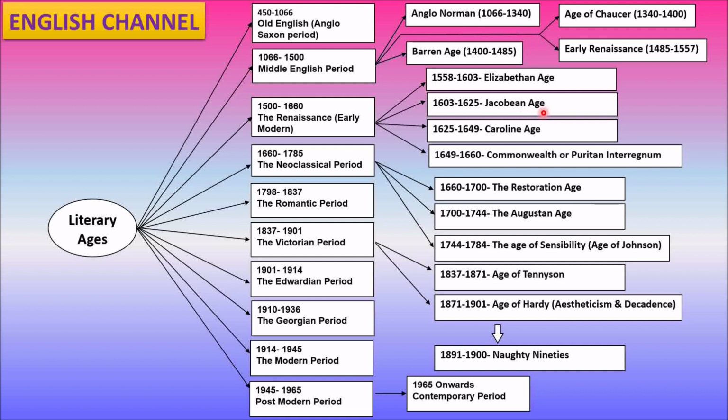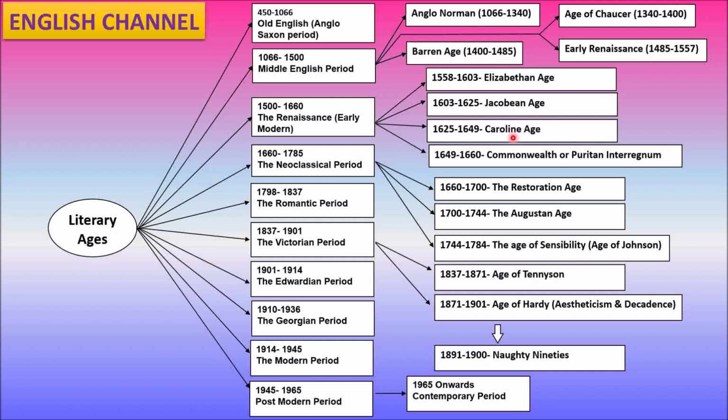The King James Bible in 1611 is the most important prose of this age. After this age comes the Caroline age. The Cavalier poets are there in this time period, 1625 to 1649. This age becomes really very important also because the Cavalier poets are there.